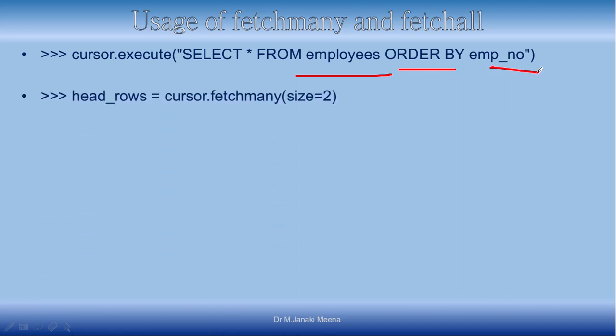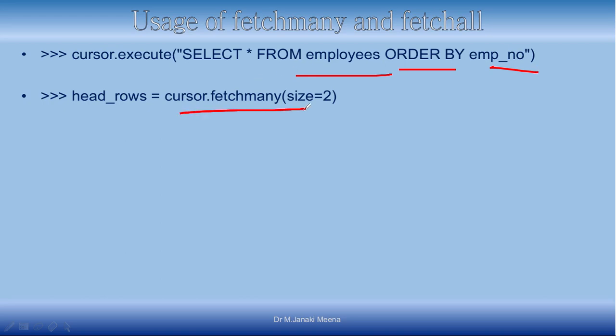Looking at fetchmany, for example, suppose you have an employee table. This is just an example other than what we are discussing now. I say select star from employee order by employee number, which is a SQL command that sorts based on employee number. Then I use the fetchmany function with size equal to 2.